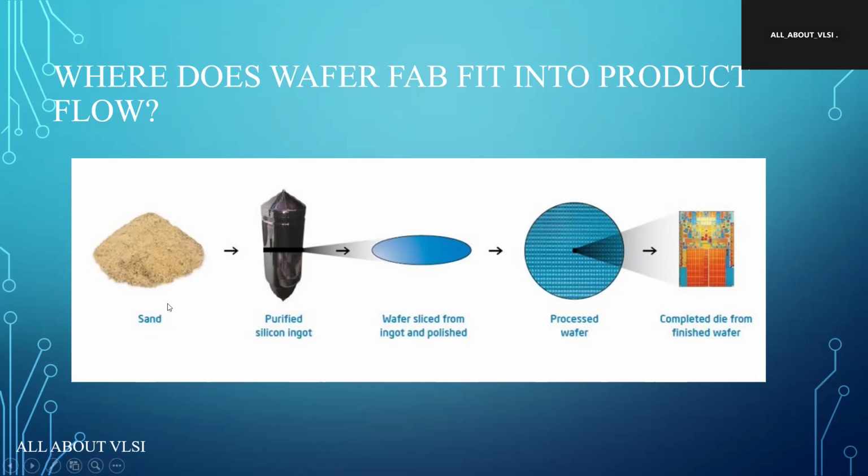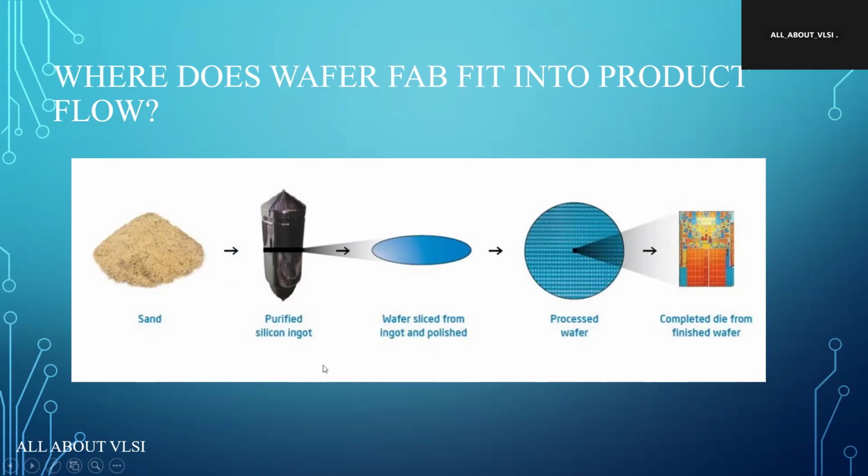So silicon is actually extracted from sand. So first process is we are taking sand, and to extract silicon from sand, some process is also there.